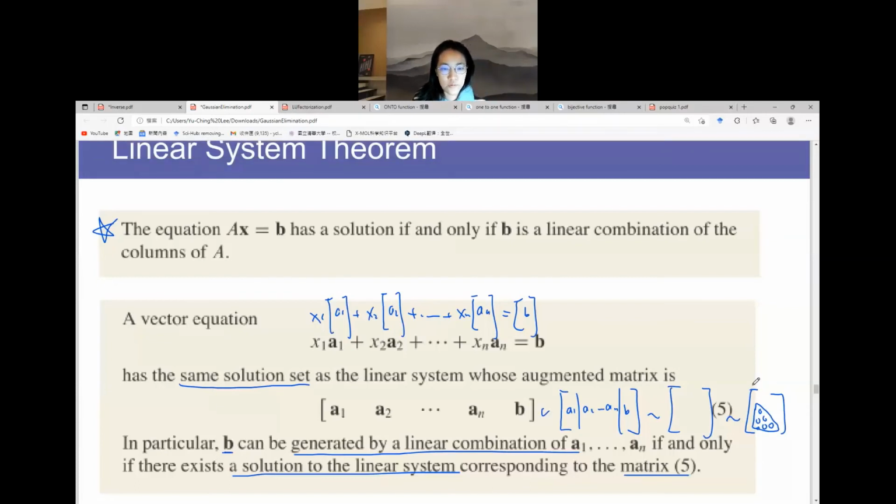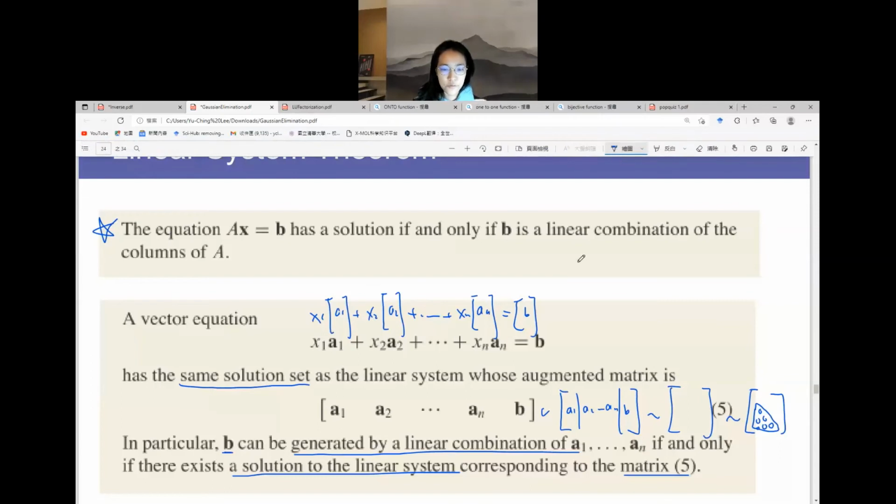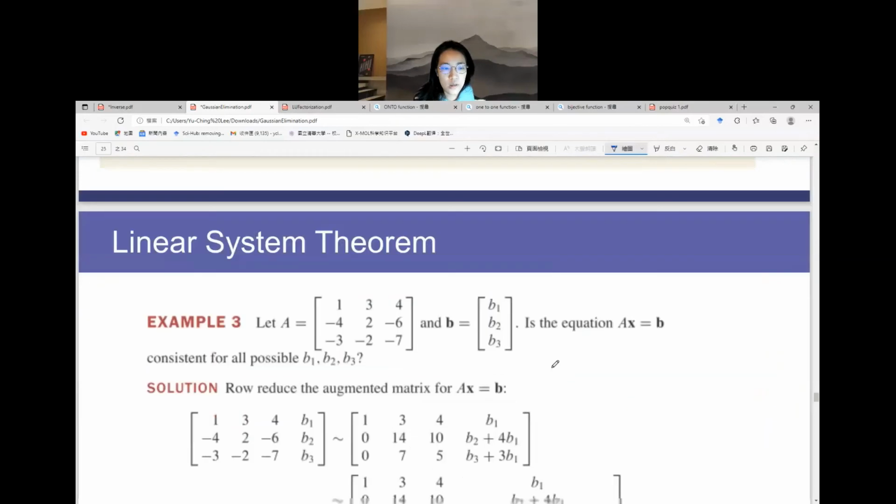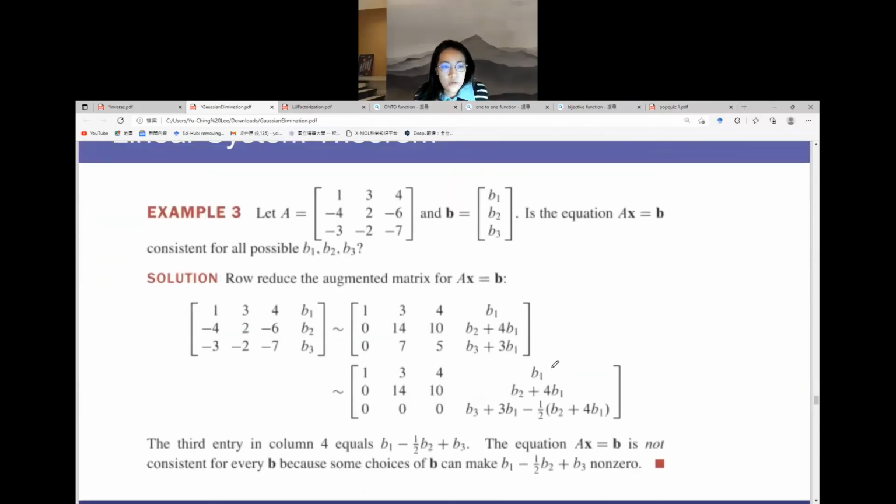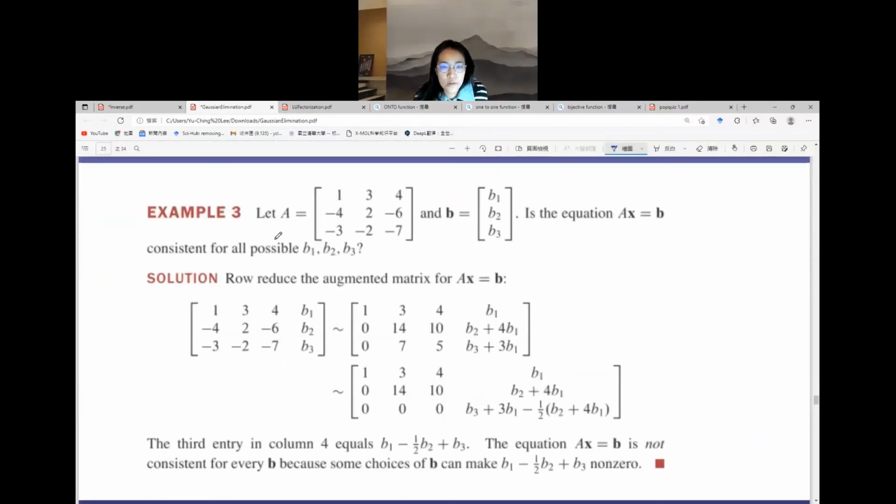Okay, so we have seen the statements back and forth saying how do we determine if Ax = b has a solution? Basically, we want to check if the vector b can be expressed as a linear combination of columns of A. So we may be asked to find out the possible values of b1, b2, and b3 such that Ax = b has a solution.